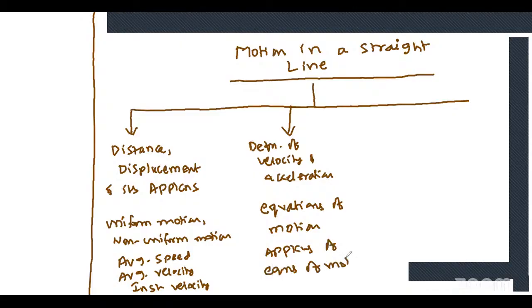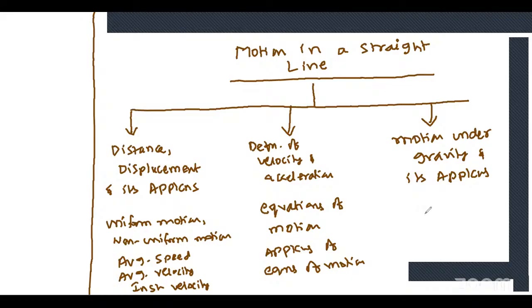And then motion under gravity and its applications. And finally, we are having the graphs. These are the topics we are having.